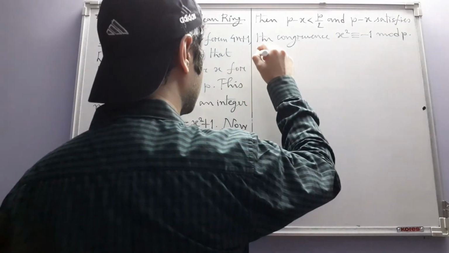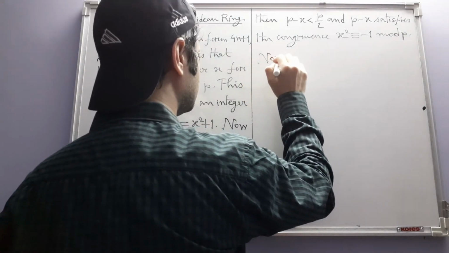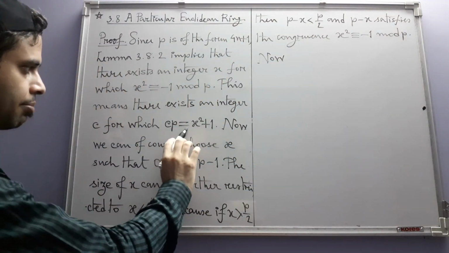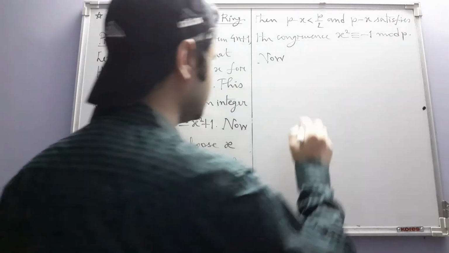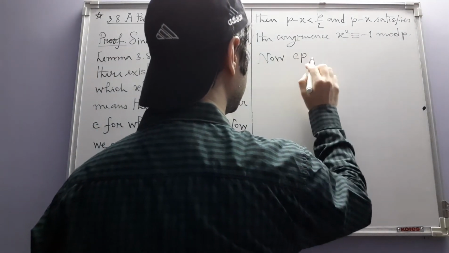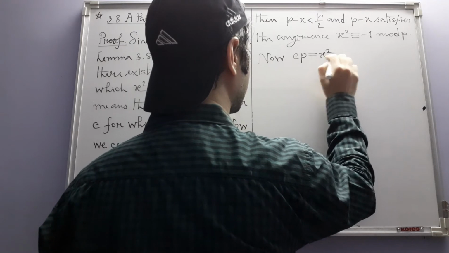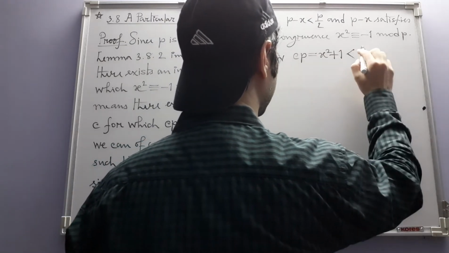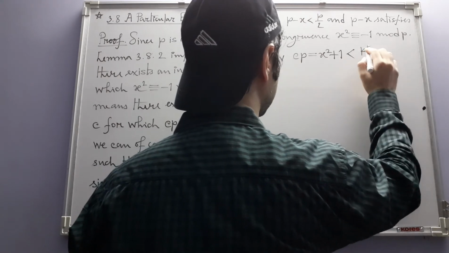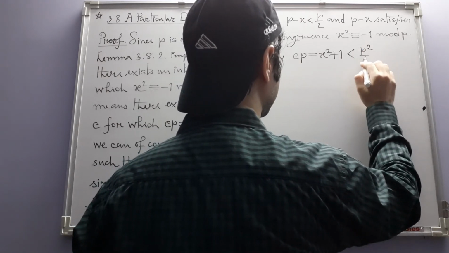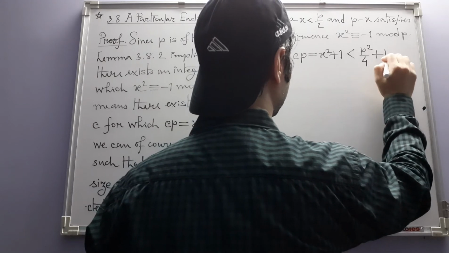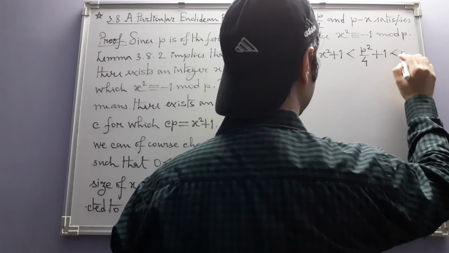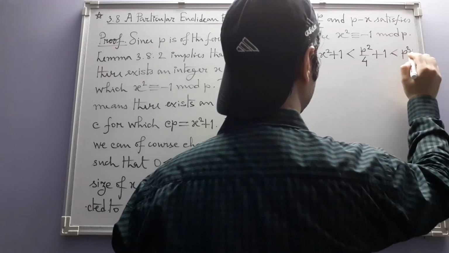Now, what does this inequality imply when we apply it here in this equation? Now Cp, which is x square plus 1, becomes less than, since x is less than p by 2, p square by 4 plus 1, and this turns out to be less than p square.